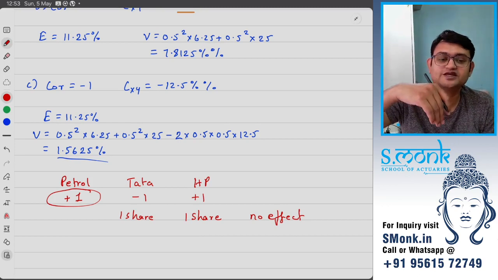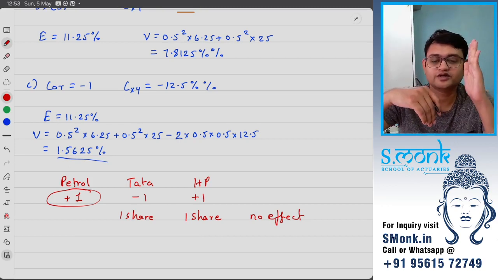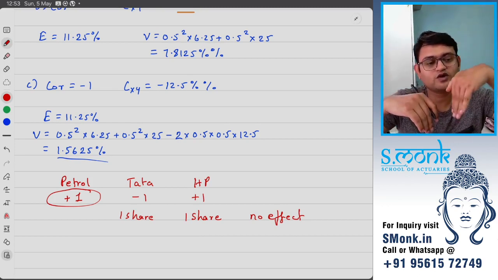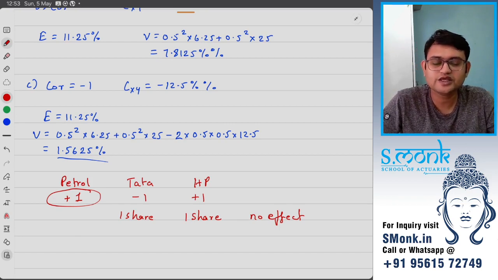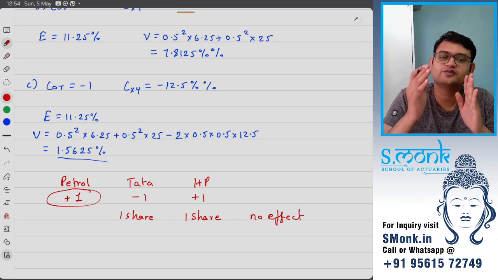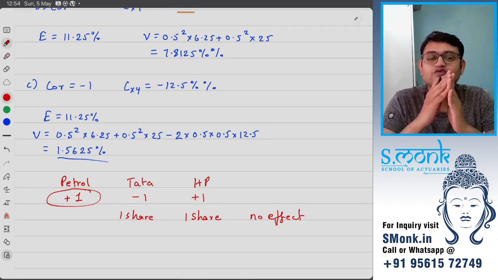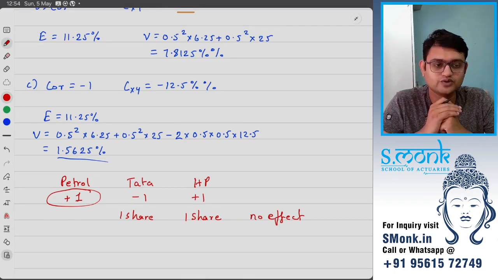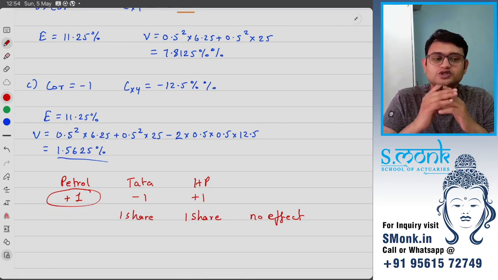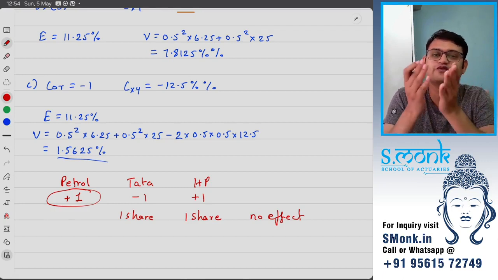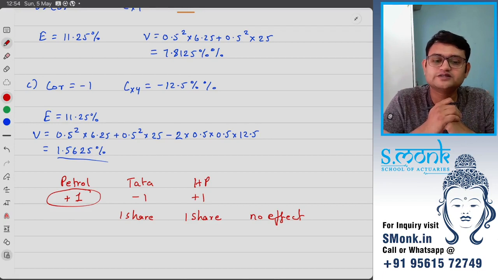If petrol price decreases, Tata will have profit, but HP Petroleum will have losses. So in both cases, whether petrol price increases or decreases, I will have no effect on my portfolio. And that's a very good thing, because predicting petrol prices would be a very difficult task.